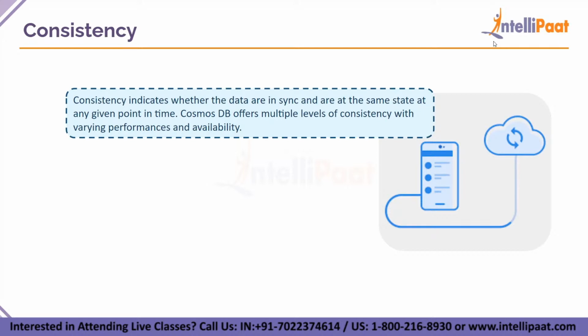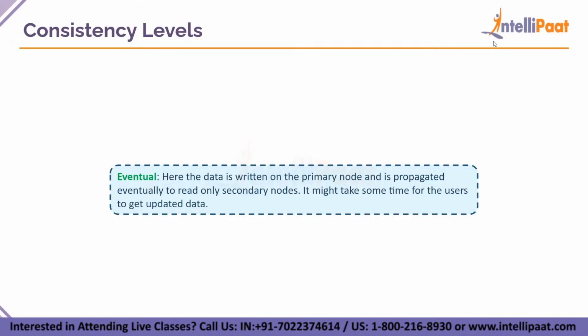Cosmos DB offers multiple levels of consistency with varying performance and availability. Now we'll see what the consistency levels offered are. First of all, there is eventual consistency. Here, the data is written on the primary node and is propagated eventually to read-only secondary nodes. It might take some time for the users to get updated data, but it offers good performance.